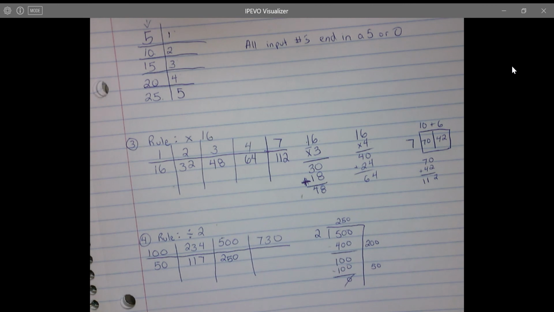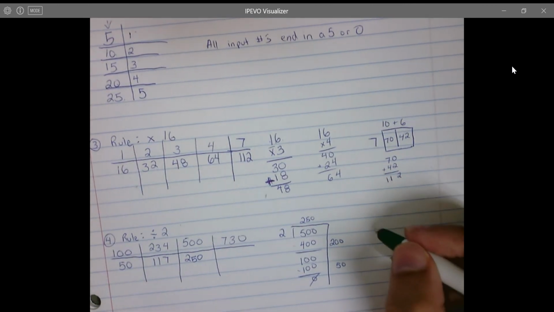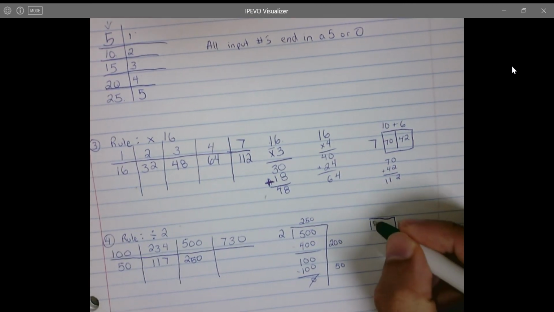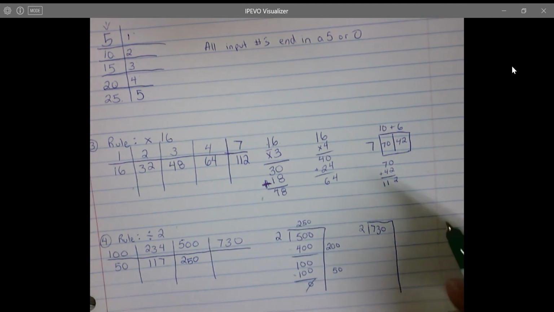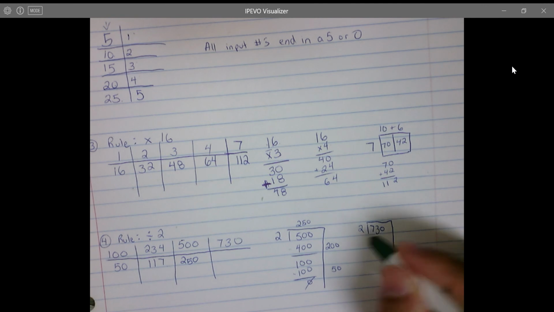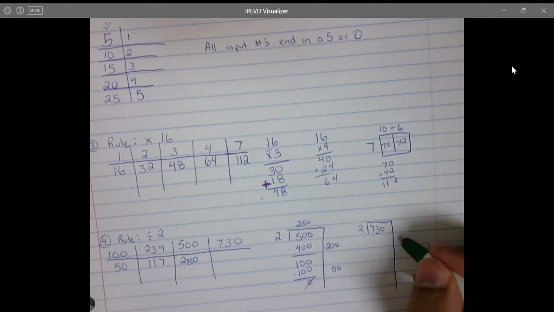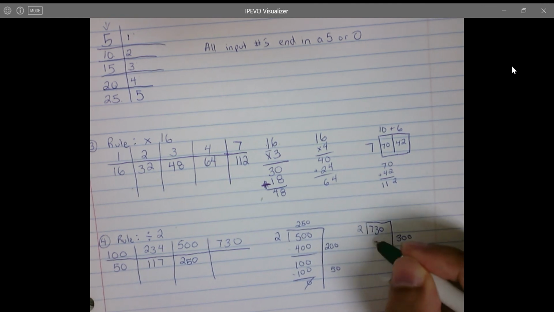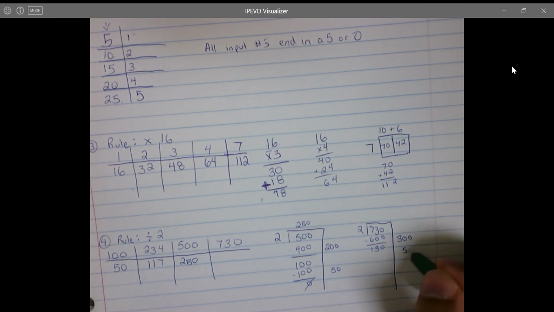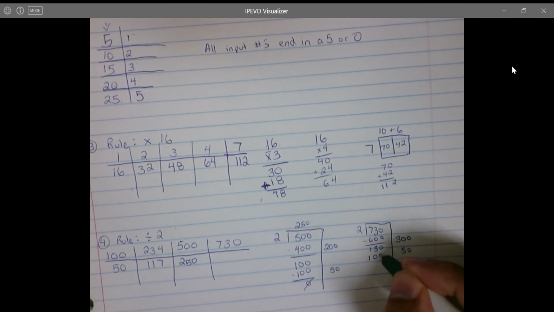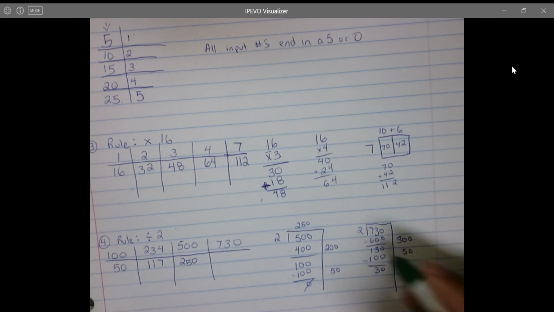And then I have 730 divided by 2. So again, I'm going to do partial quotients. I know that 2 multiplied by 3 is 6. So 2 multiplied by 300 would be 600. Subtract, and I'm left with 130. I know that 2 multiplied by 50 is 100. So I could take out 50 here. That would leave me with 30.